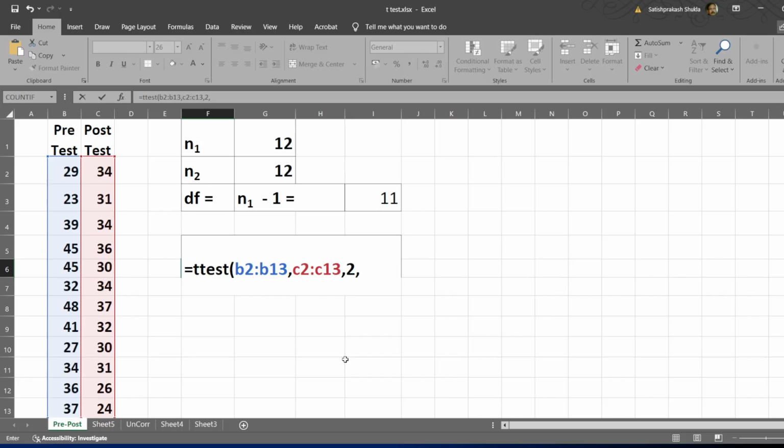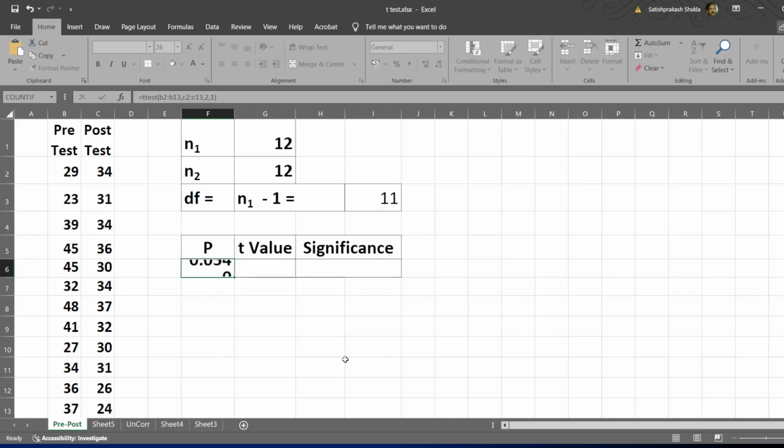When 3 is written, that we have seen in the previous video; here we will write 1. When 2 correlated means are there, then at last after comma we have to write 1 and then close the bracket and press enter key.